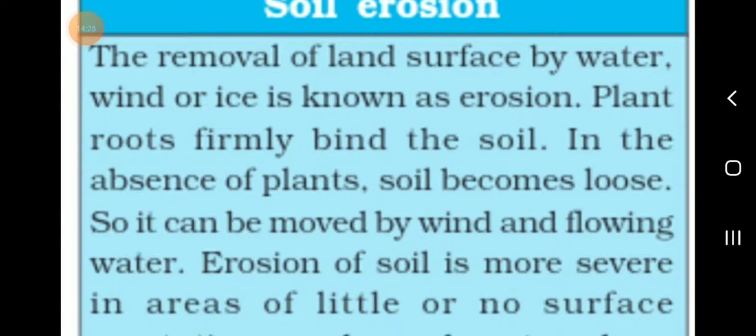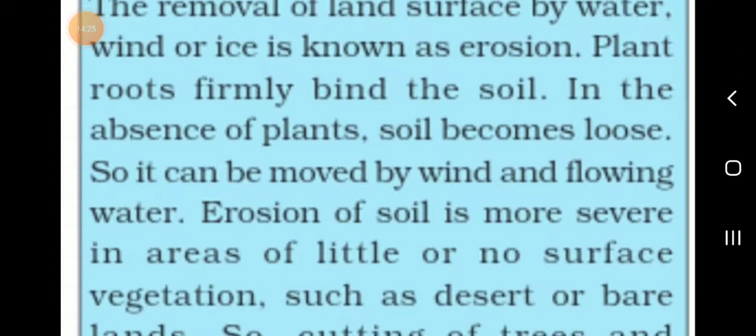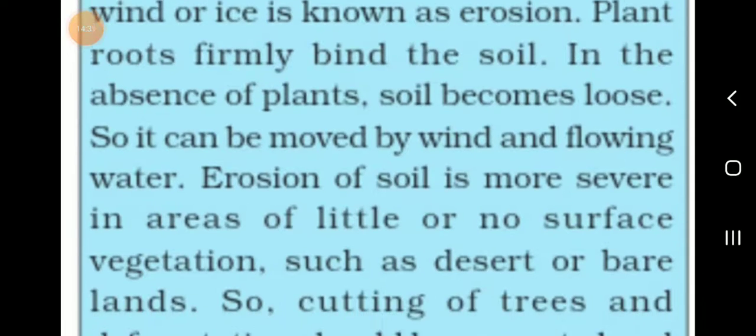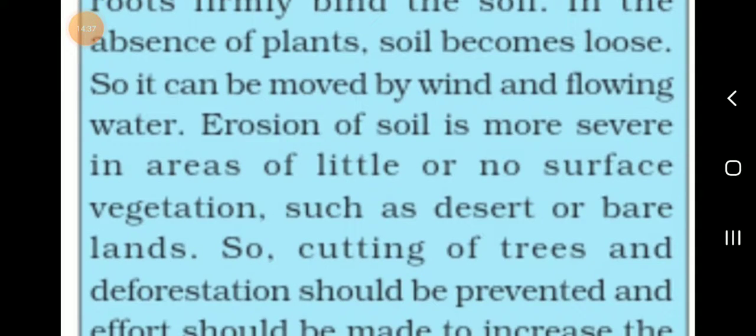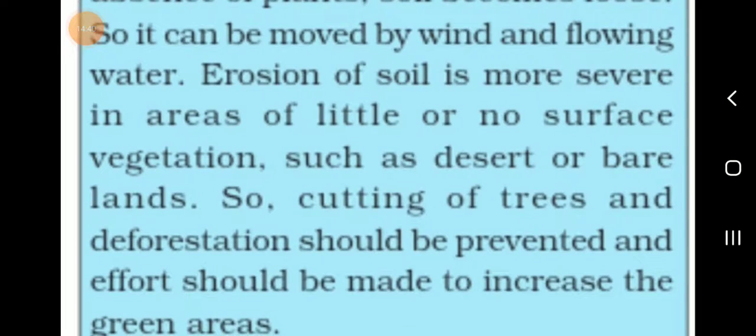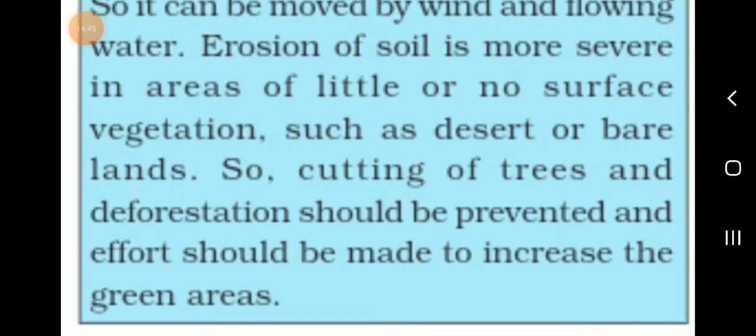In the absence of plants, soil becomes loose, so it can be moved by wind and flowing water. Erosion of soil is more severe in areas of little or no surface vegetation, such as deserts or bare lands.